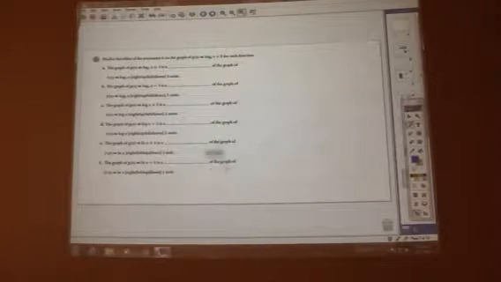All right, next page. Now we're looking at the k, the number at the end. So it's going to move vertical, so it's going to go up or down.